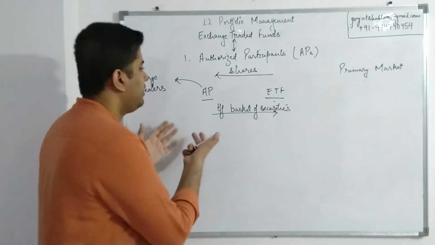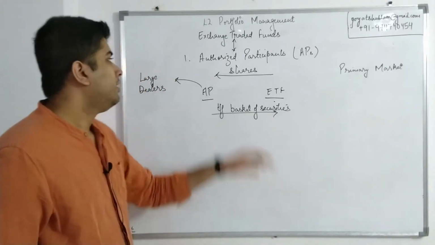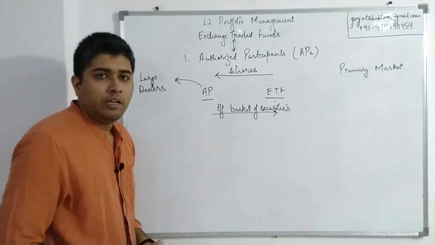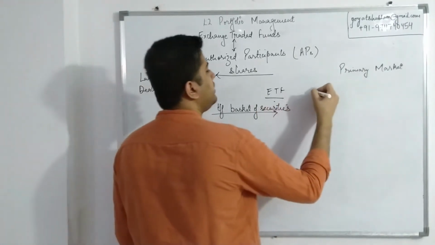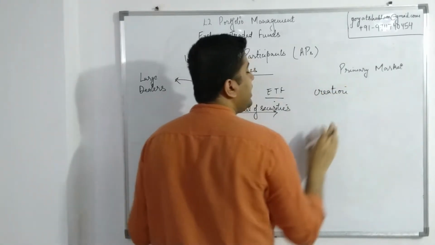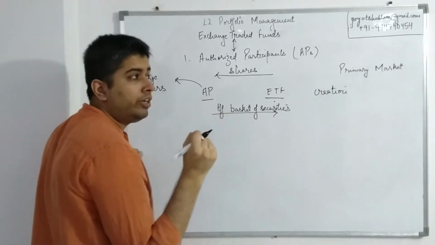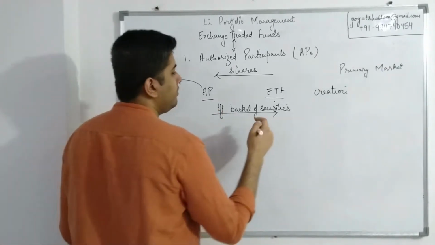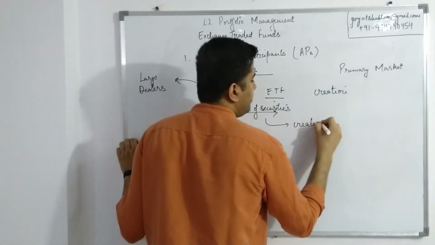All they are doing is transferring those securities to ETF, and in return they are getting shares of ETF. Now, this entire process is known as creation of ETF shares. This is the creation process. And this basket of securities, the set of securities that AP gives to ETF, is known as creation basket.